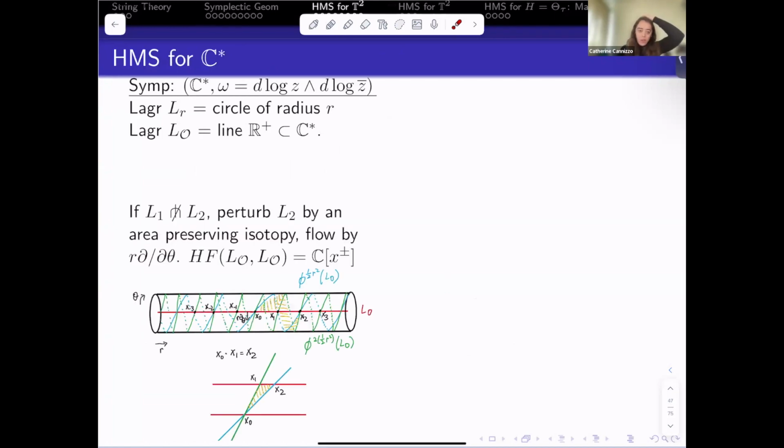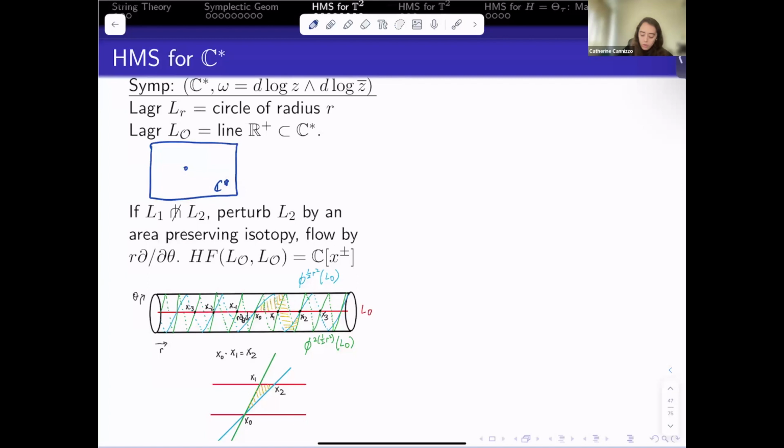So, getting towards the geometry of a Landau-Ginzburg model: why does it become non-compact, and why do we have this function? Let's think about HMS for C star. This is the algebraic torus, and there are different ways to draw it. One is like this, where it's punctured at 0, and another is as a cylinder. Let's think about it first in this way. Here's C star, and we have a puncture.